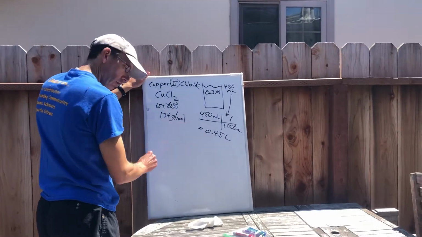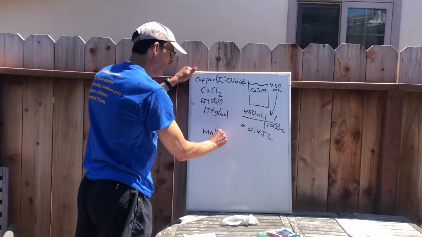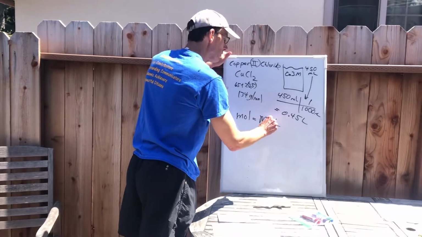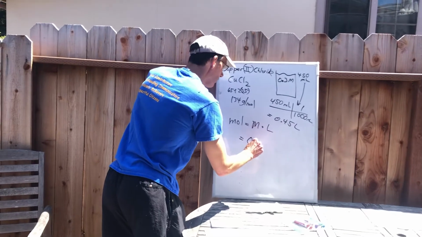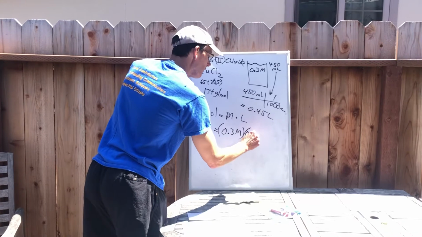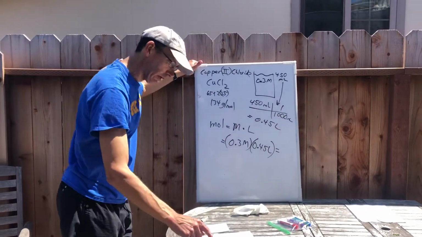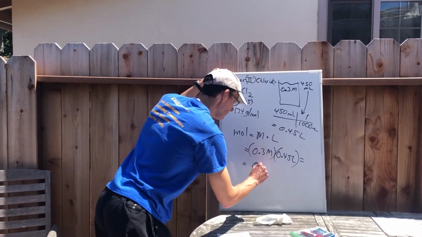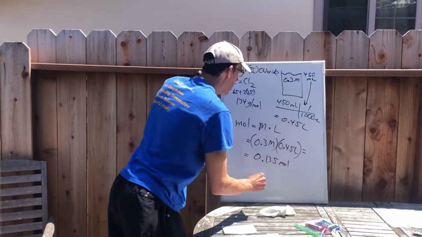So, once again, moles is going to equal molarity times liters. Our molarity is 0.3. Liters is 0.45. Multiply those together, and you get 0.135 moles of copper chloride.